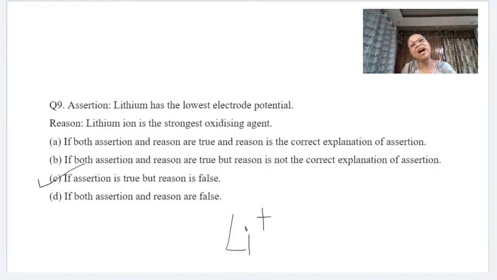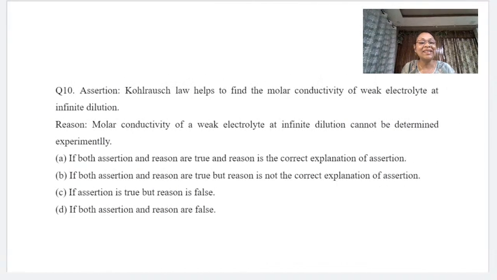And last but not the least, Kohlrausch law helps us to find the molar conductivity of weak electrolytes at infinite dilution. Correct? Definitely. That is what Kohlrausch law is all about. And molar conductivity of a weak electrolyte at infinite dilution cannot be determined experimentally.